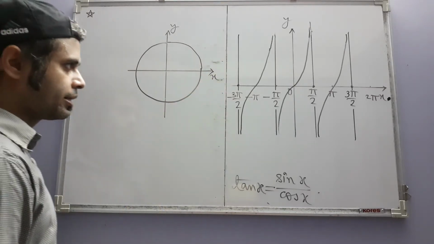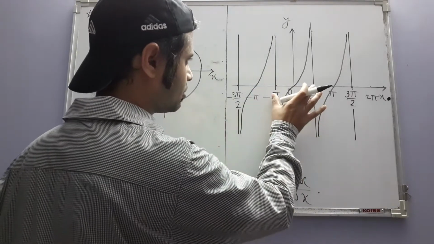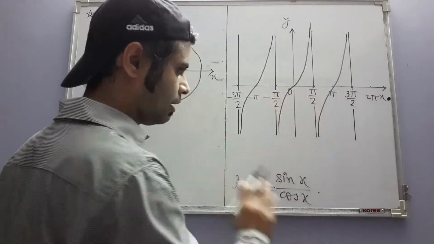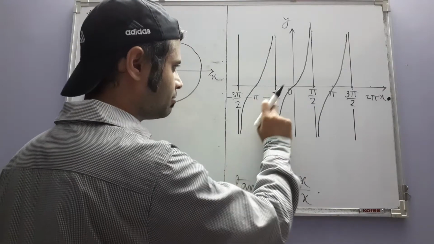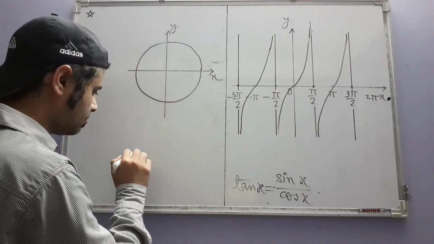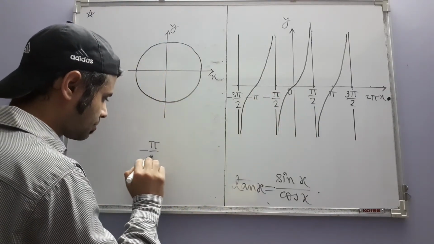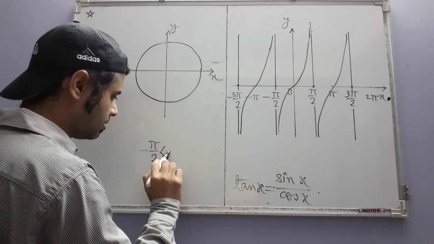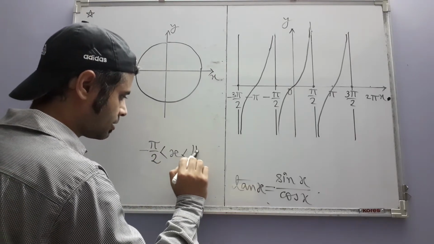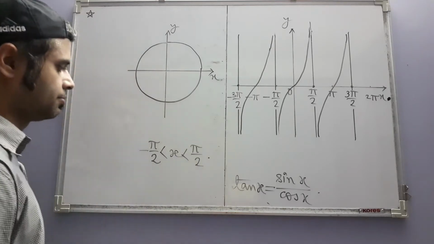Okay, so let us now concentrate on this interval, the x values lying between minus pi by 2 and pi by 2 in this manner. Minus pi by 2 is strictly less than x is strictly less than pi divided by 2.